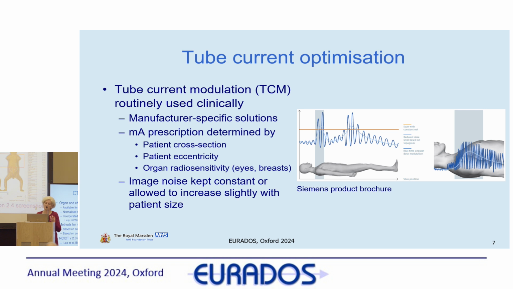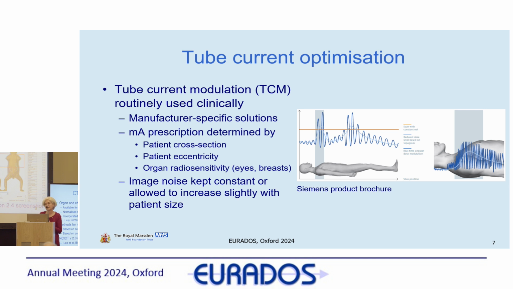These calculators were originally designed to be used with constant tube current, but there are now methods for modeling tube current modulation, and if you're interested, you can have a look at these 2 publications in the literature. The first one, Tian et al. in Medical Physics, is based on scaling of the conversion coefficients according to the local tube current prescription.